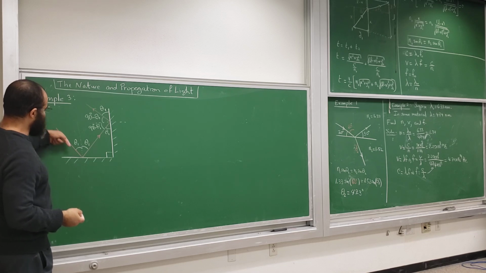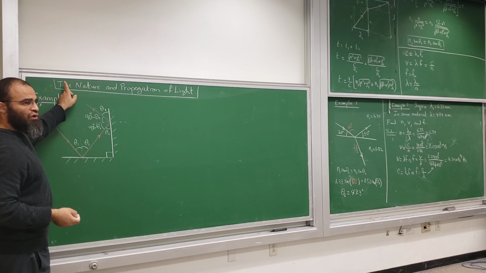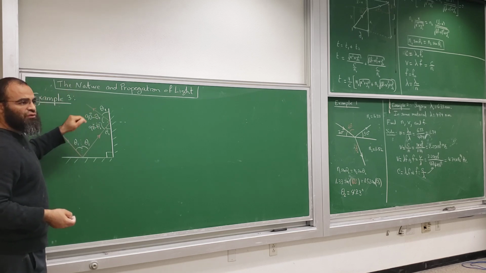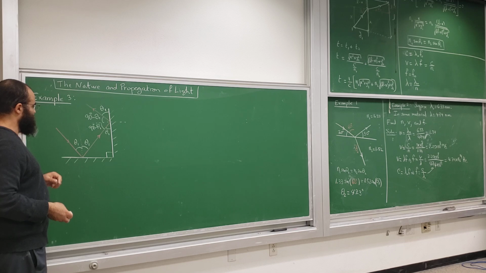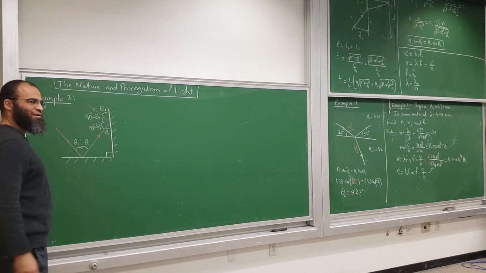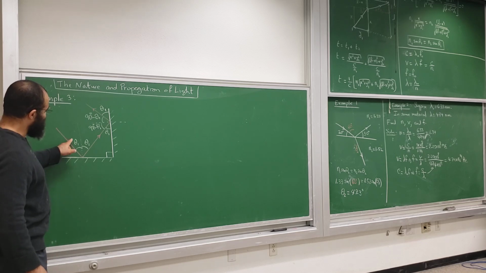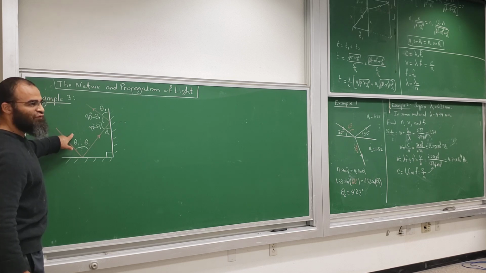The direction of the incident ray, and then the one that is reflected at the end, the outgoing. This is the incoming, this is the outgoing. Are they parallel, perpendicular, kind of skew lines? Parallel. Yeah, they're parallel. Let's say this one makes 30 degrees with the perpendicular, just for the sake of argument.